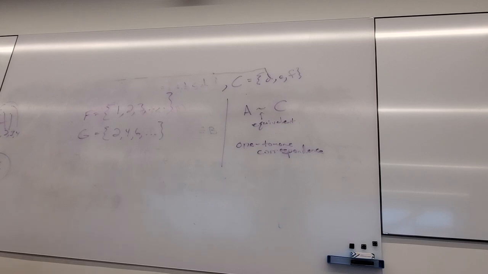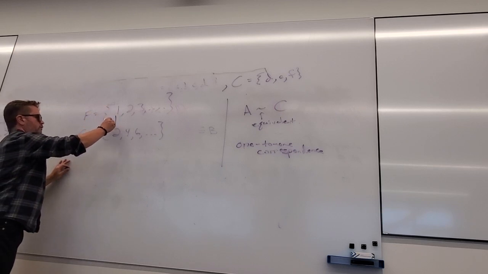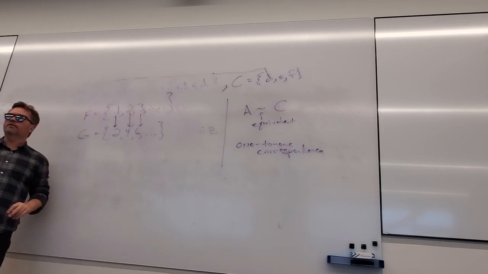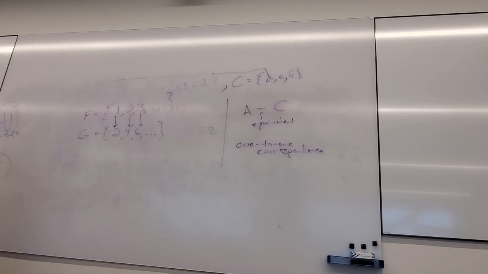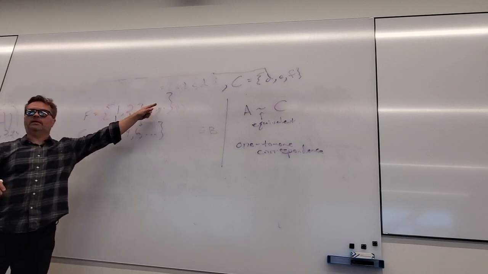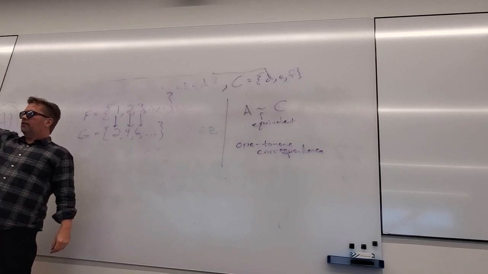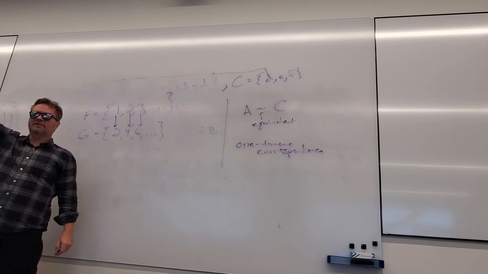How do I go from 1 to 2? What do I do mathematically? How do I go from 2 to 4, 3 to 6? I keep doing what? Multiply by 2, right? If I did that to every element in here, would I not get every element in here? Is there a one-to-one correspondence?